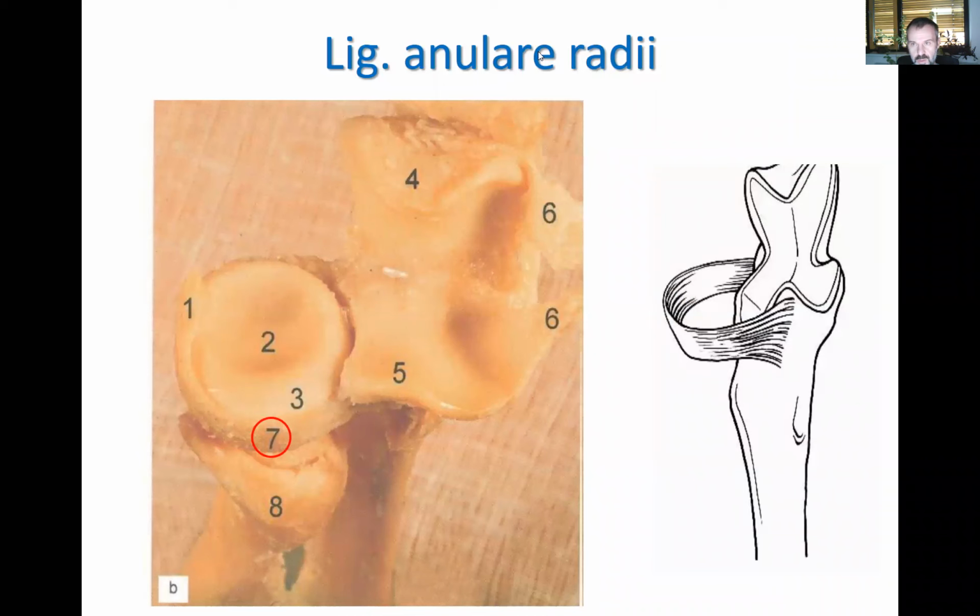So what we can see in this figure is the annular ligament of the radius, which keeps the head of the radius in the radial notch of the ulna. So it's around here, and supports the radius during pronation and supination.